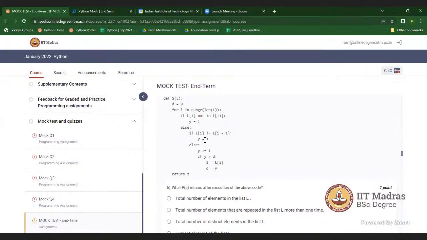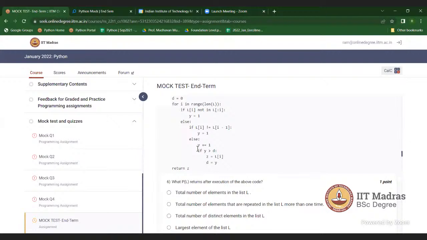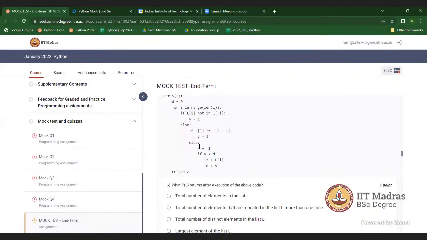If this is not the case, which basically means that L of I and L of I minus 1 are both the same, but L of I is repeating somewhere in the first I minus 1 elements, else we have y plus equals to 1.